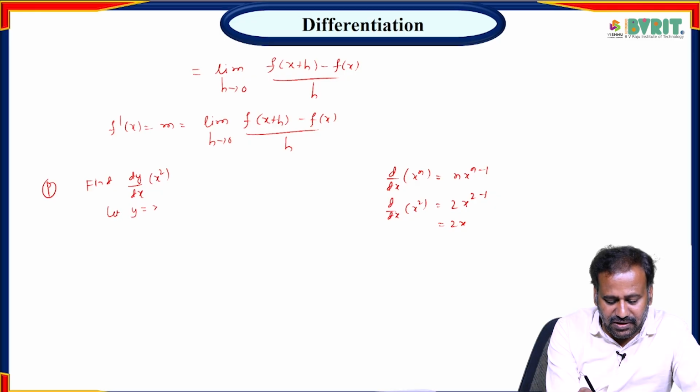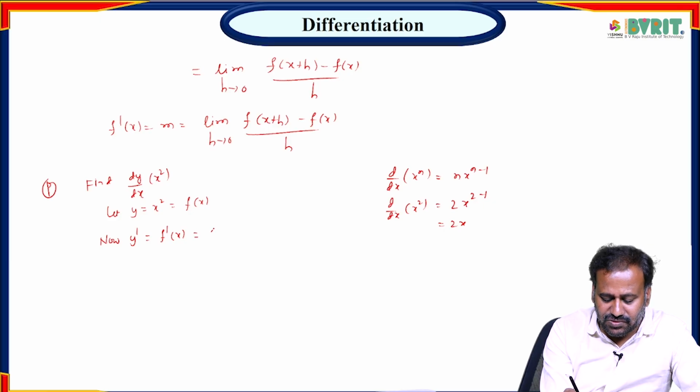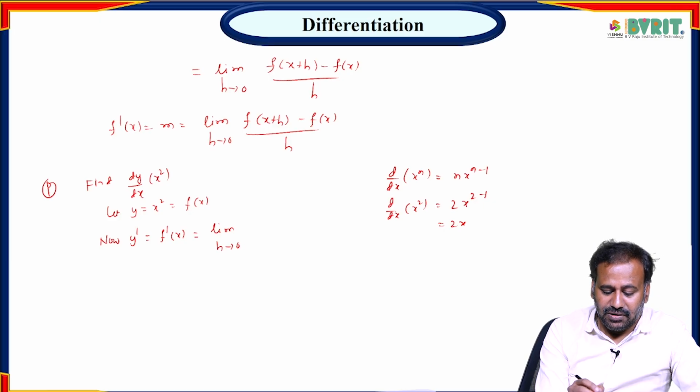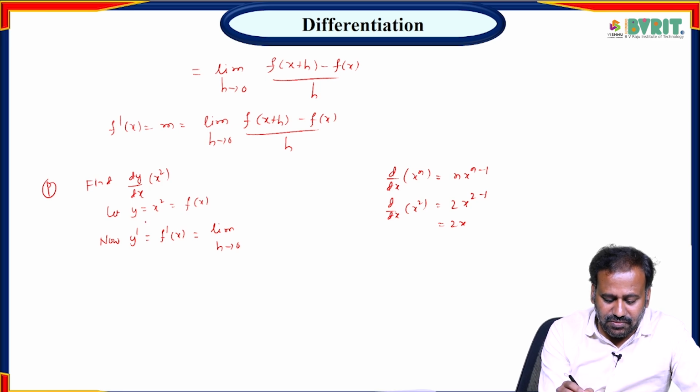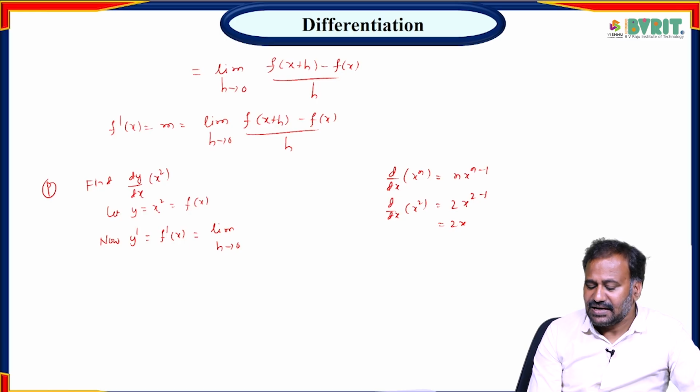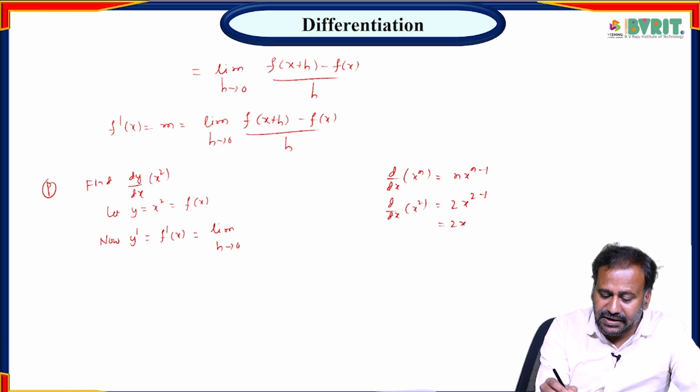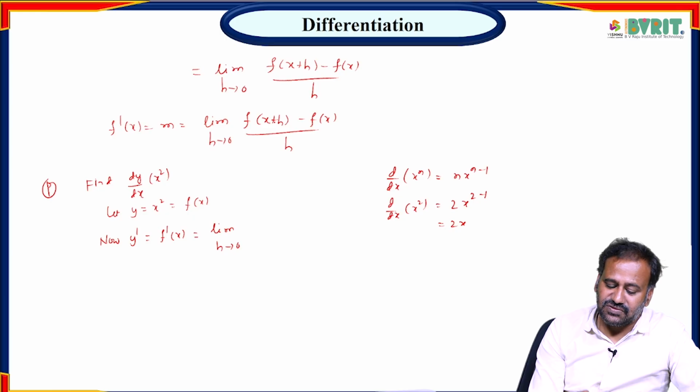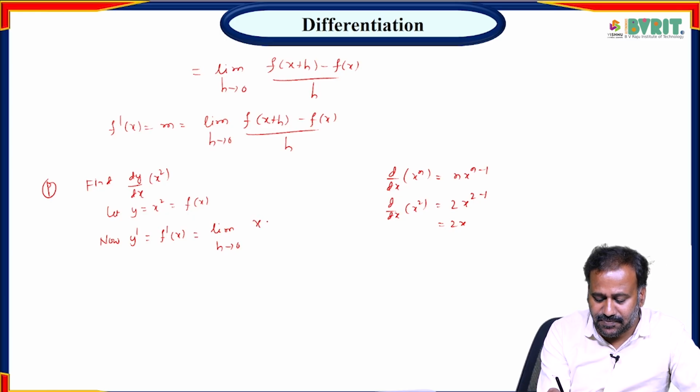Let y is equal to x square, which is nothing but f of x. Now y dash, I can write it as f dash of x. According to this formula, first I should write limit h tends to 0. f of x is x square, but here I need to write f of x plus h, meaning wherever x is there, I should write x plus h.